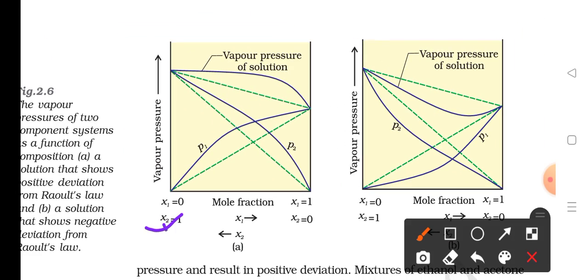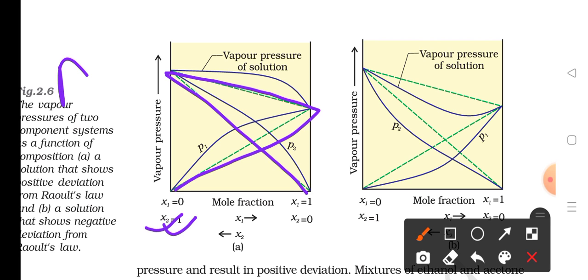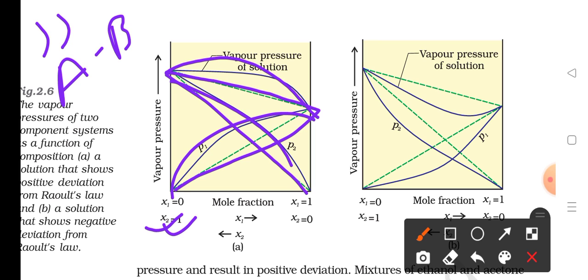This is for positive deviation. This vapor pressure is for Raoult's law. In the case of positive deviation, since the AB bond is weaker, it can easily become vapor, so we have more vapor pressure. So in positive deviation, the vapor pressure increases like this.